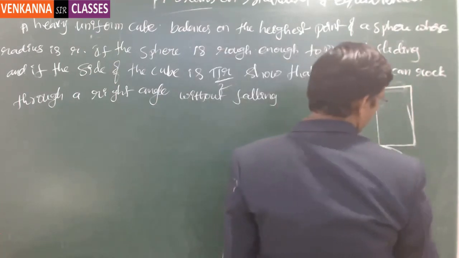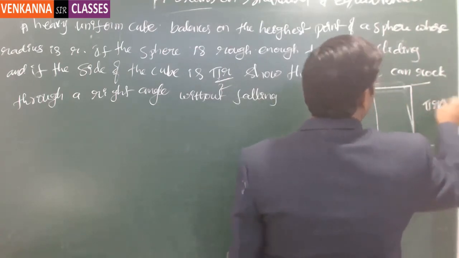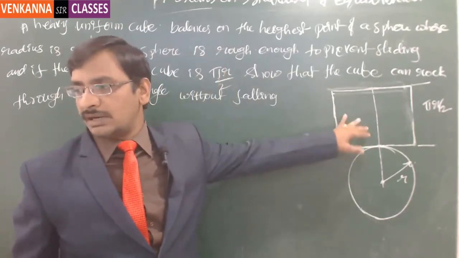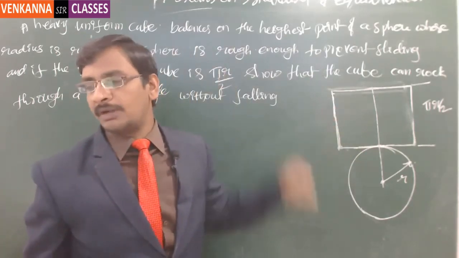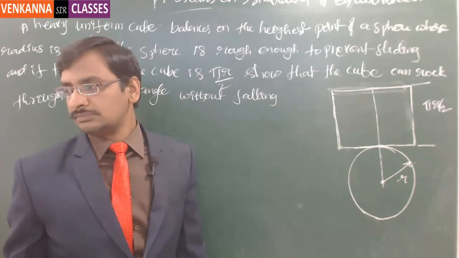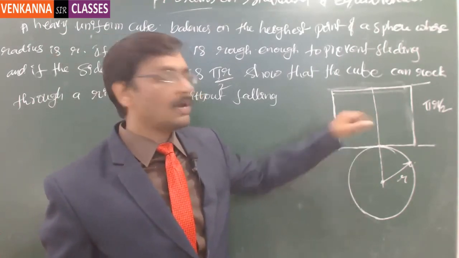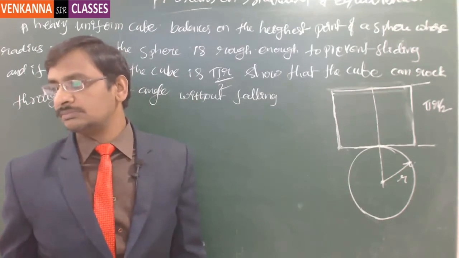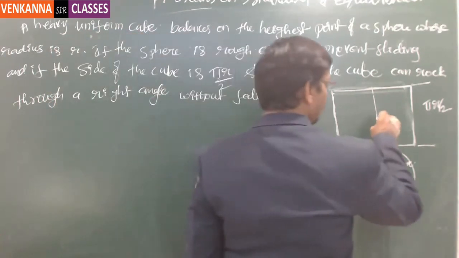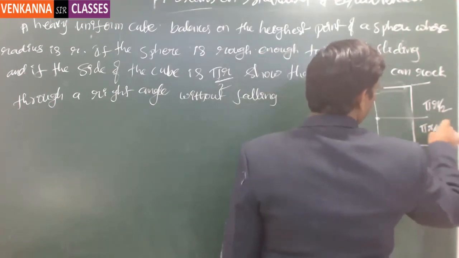This is the radius r, and this height is pi r by 2. Now this being a cube, what will be the height of the center of gravity of the top body from the point of contact? It should be pi r by 4. So this is at a height of pi r by 4.